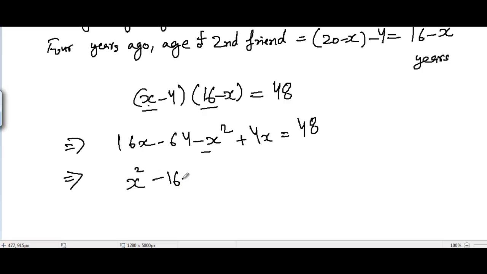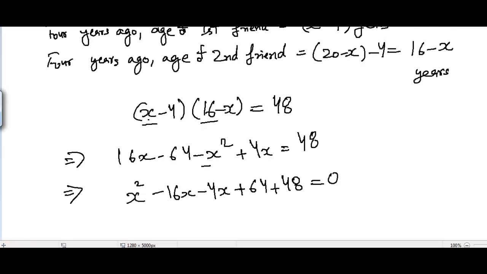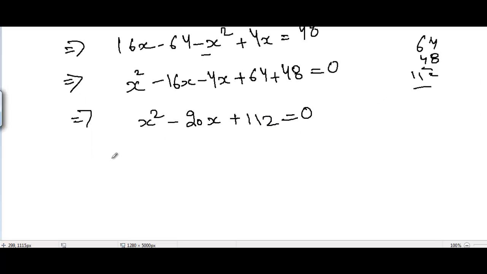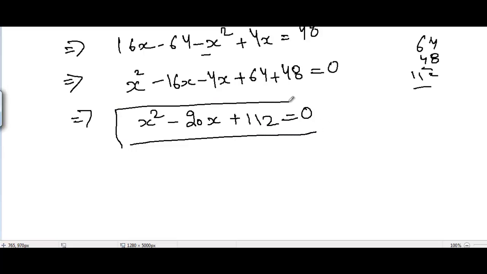They will become minus 16x and minus 4x, and this minus 64 will go to the other side and become plus 64, and this 48 will remain as it is, and all things would be equal to 0. Now I can say x squared minus 16x minus 4x is minus 20x, plus 64 plus 48, it's 112, equal to 0. So I need to find the nature of roots of this quadratic equation now.